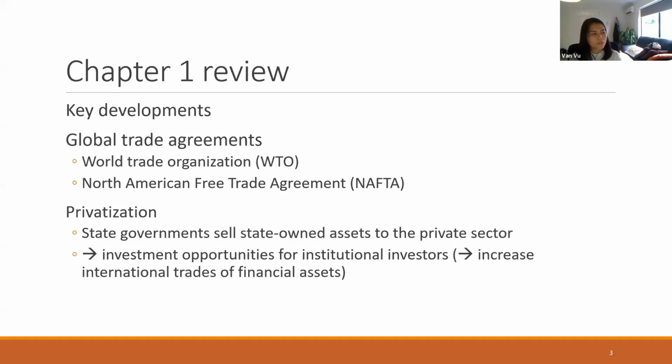Privatization is also one of the key developments in the past decades. So if we talk about privatization in recent years, we're talking about developing countries that used to be closed to the world, and now they open up for foreign investors. Okay.